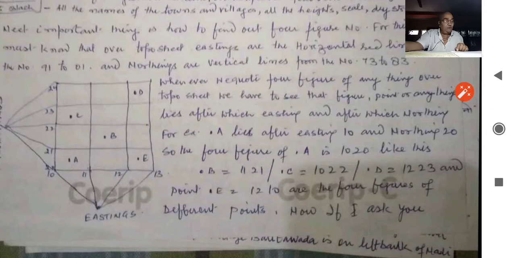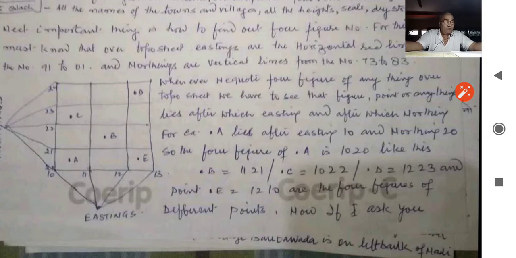Now, how to find out the 4-figure and 6-figure? For example, point A lies after easting 10 and northing 20. So the 4-figure of point A is 1020.